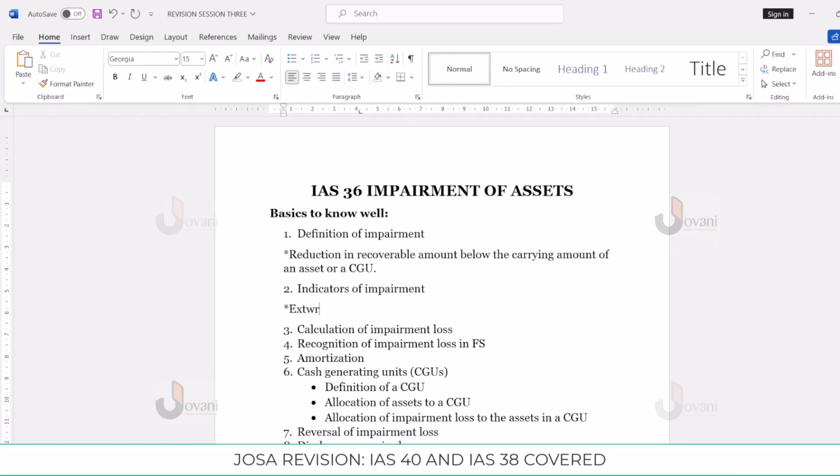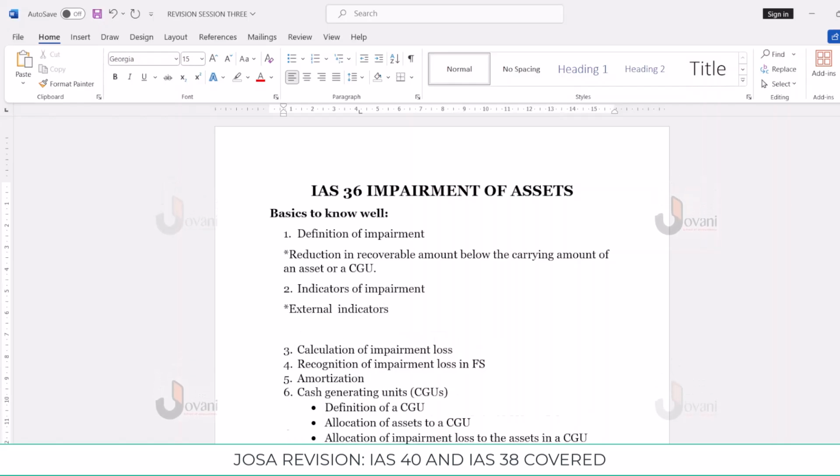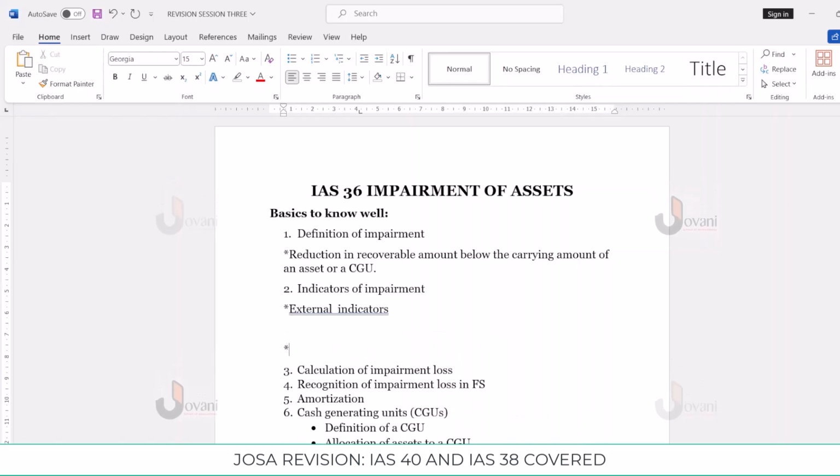So I'll ask you, what are the external indicators that the carrying amount of an asset is above the recoverable amount? External indicators. Then we have the internal indicators. So from your classes, what are the external indicators of impairment?